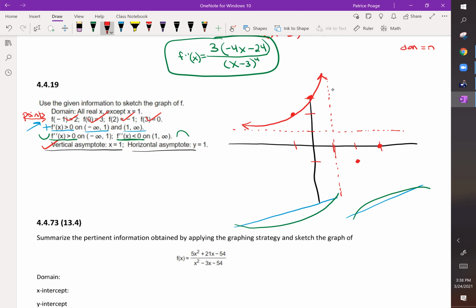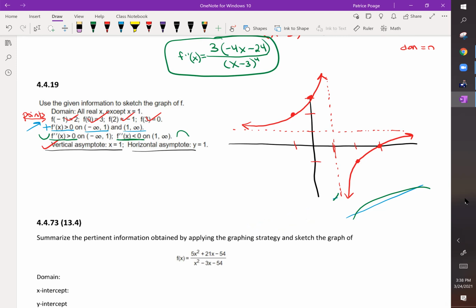On the right side of the vertical asymptote, I need to be increasing and concave down, not go through the asymptotes, but do go through the points. So it'll be right here. All right.